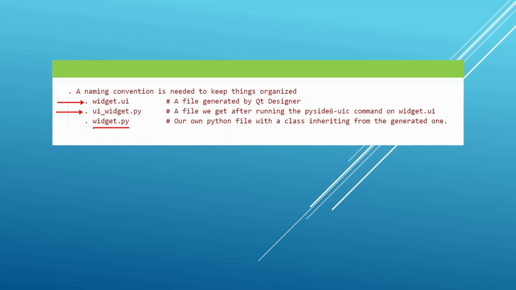And our widget.py file is going to be our own class, which is going to be trying to reuse code that was generated for us by the user interface compiler. Make sure you really understand this convention. I will be going through this convention again when we hit Visual Studio Code in a minute, but I just want you to be aware of this.